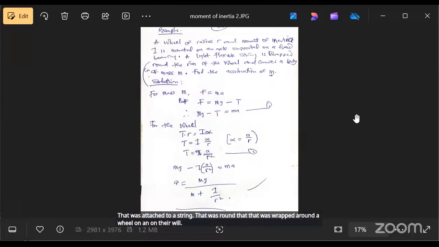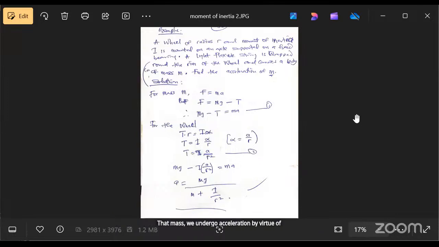Now, that mass will undergo acceleration by virtue of the rotation of the wheel. Then, how do you calculate the acceleration of that mass? How do you get an expression for the acceleration of that mass?